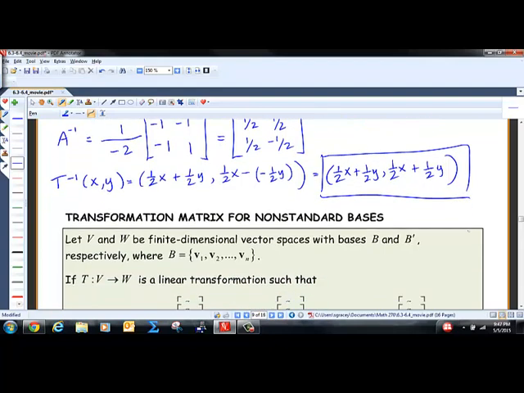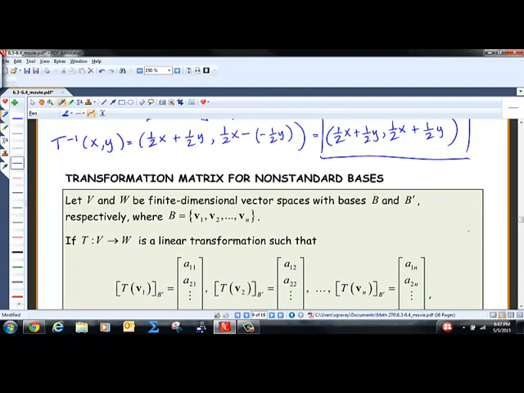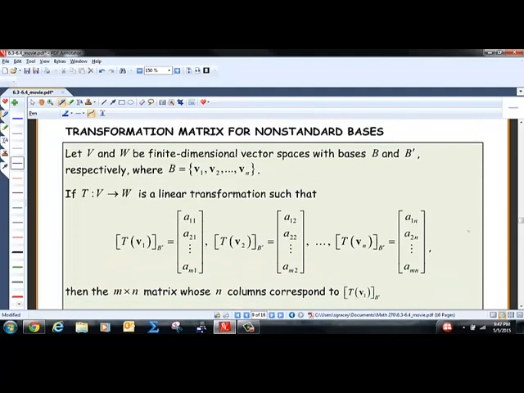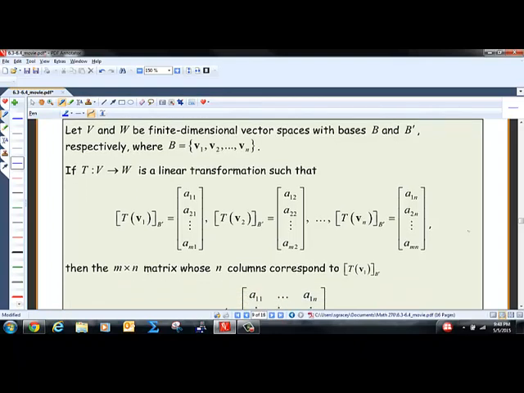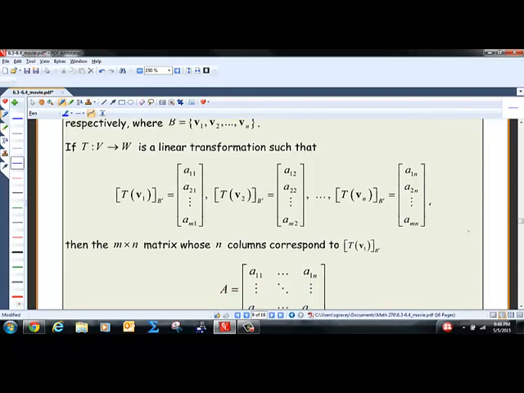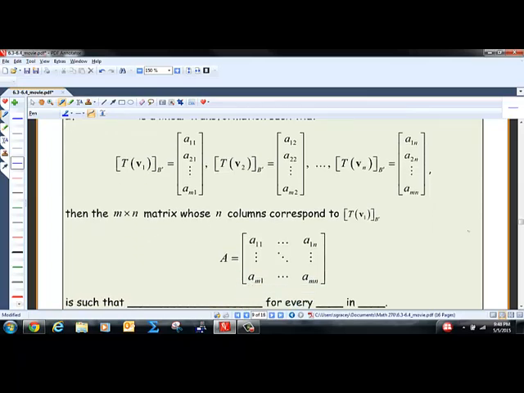All right, so now it gets a little crazy. Let's look at our transformation matrix for non-standard bases. So basically, this is the linear transformation of V1 relative to B prime, and you're still going to get your A11, A21, etc. So there'll be column vectors. So it turns out if you've got this true, then the m by n matrix whose n columns correspond to T V1 relative to B prime is going to be this.